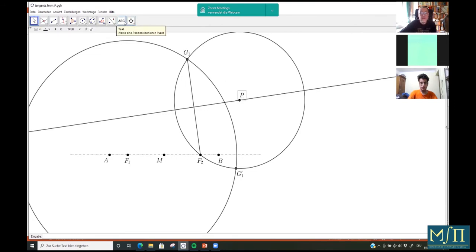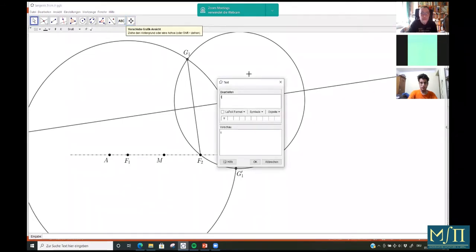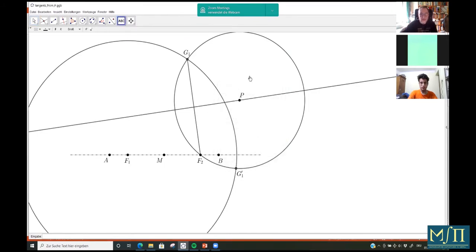So this line that I've just drawn, we'll call it T. We don't need anything else really. This is the first tangent of the ellipse through this point P. And the point in which this tangent actually is tangent to the ellipse, of course, must now be on the radius of the Directrix circle that passes through this point G1.